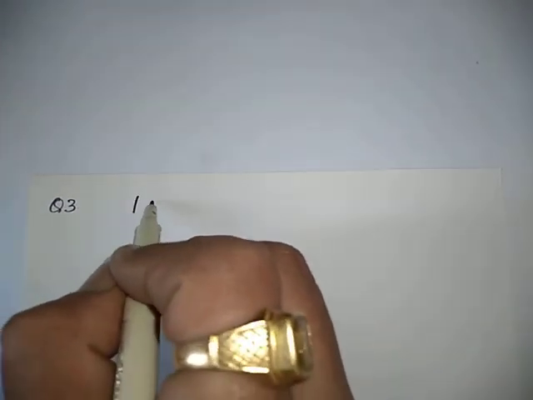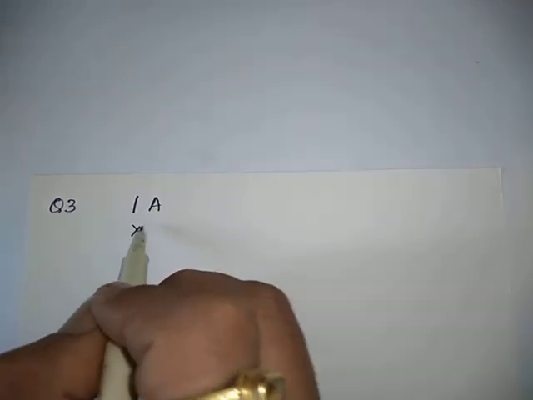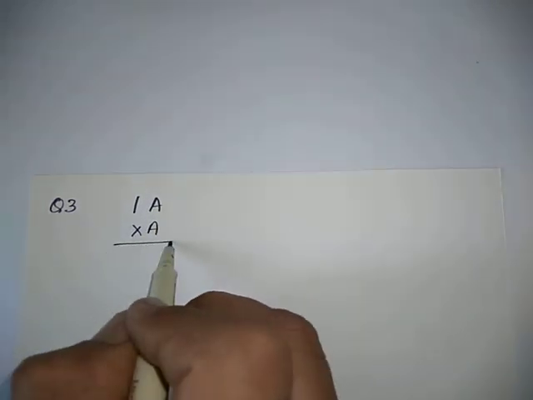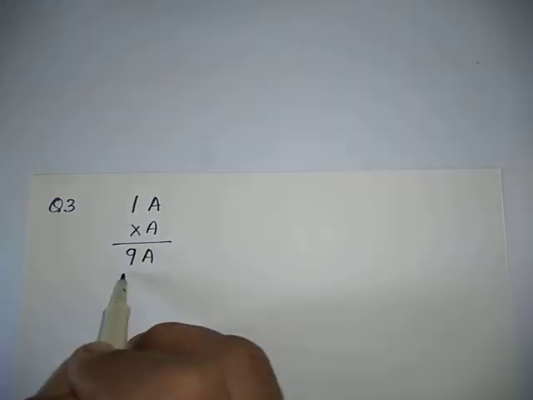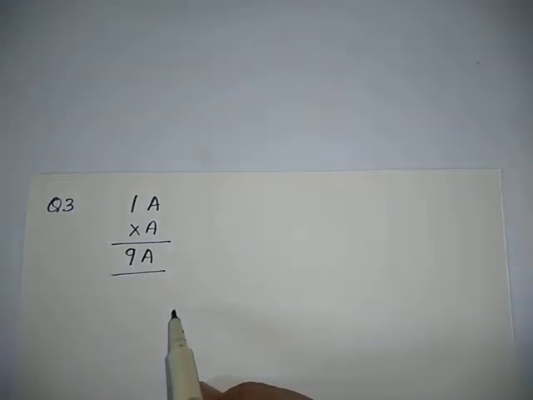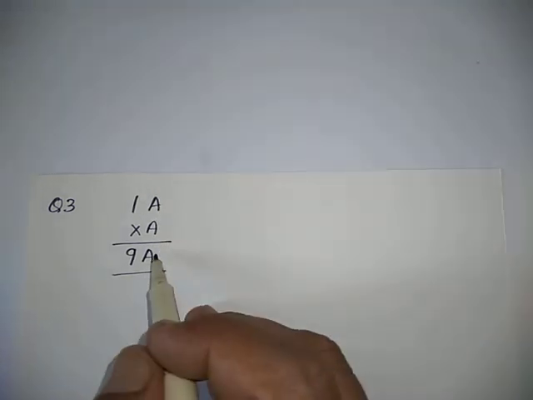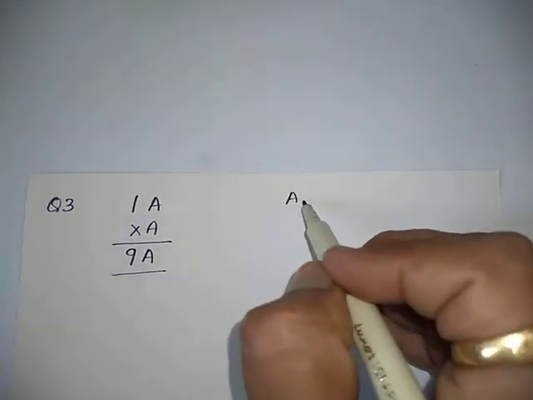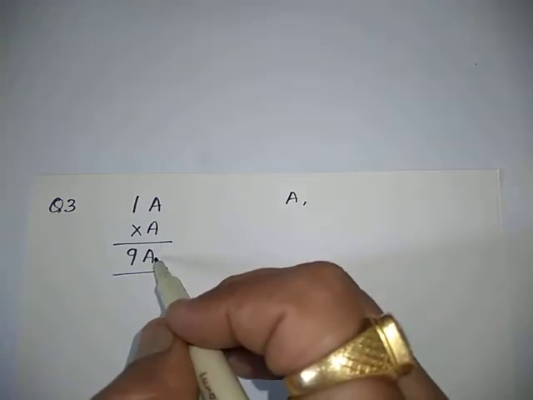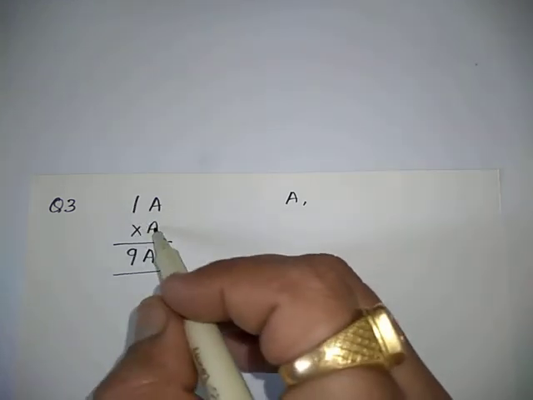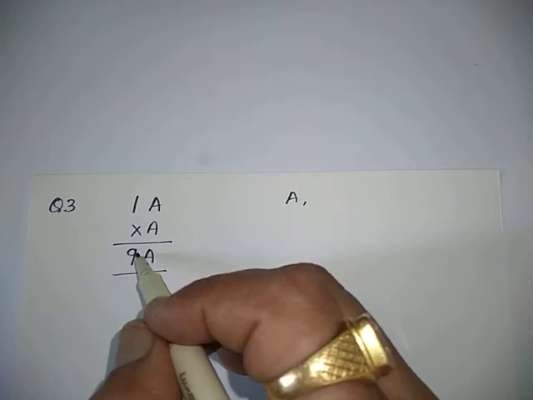Now here it is 1A multiplied by A, we will get 9A. So I need a value of A such that, if I take 0, then 0 into 0 is 0, then 0 ones are 0, so 0 is not possible.